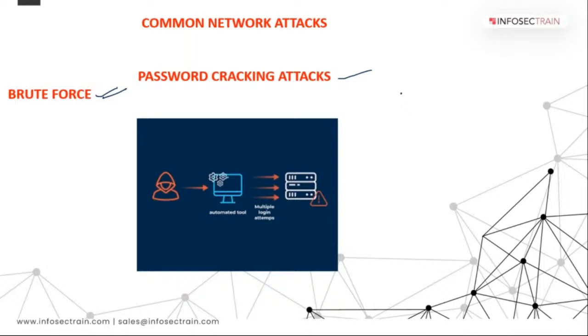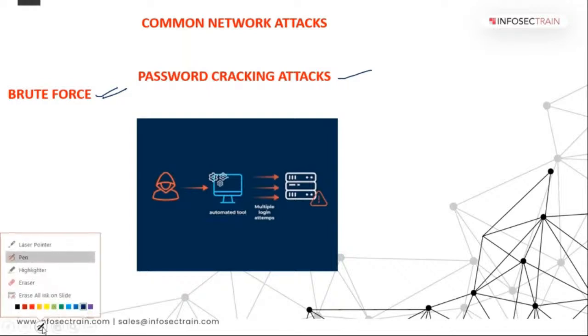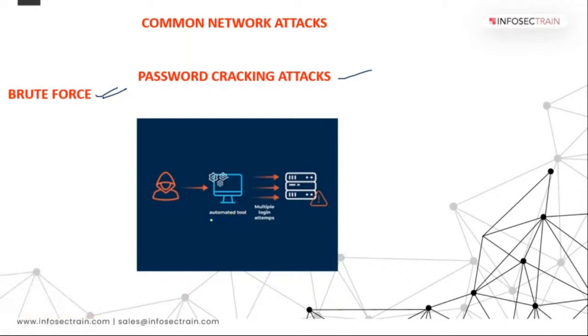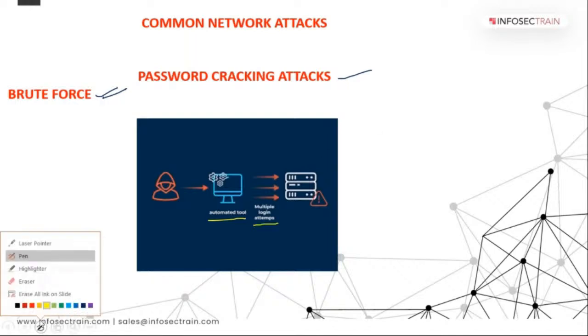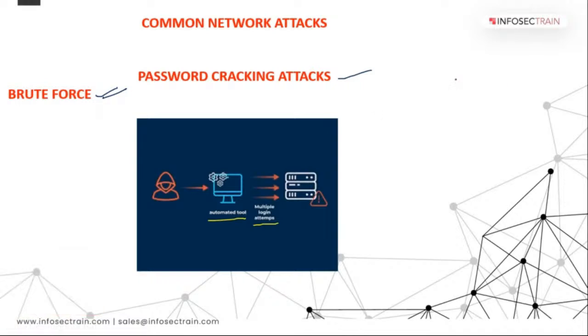So what we do, guys, as you can see, there is an automated tool, right? So it's written over here, automated tool and multiple login attempts. So what we do in brute force attack, I provide a list of usernames.